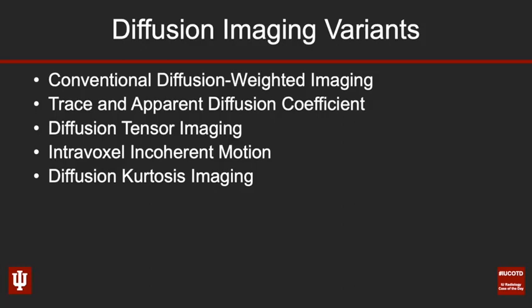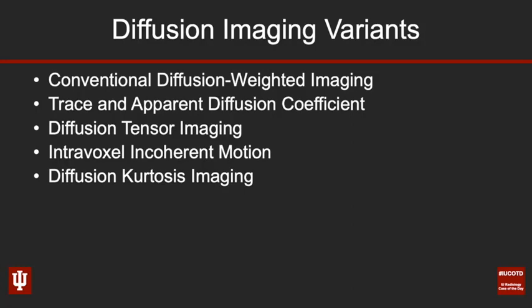Similarly, diffusion kurtosis imaging is predicated on the concept that in biologic tissues, the diffusion doesn't neatly follow a Gaussian model of diffusion, and there's some skew away from it. By measuring that degree of skew from the Gaussian model, you're able to predict the underlying degree of structure a tissue might have.